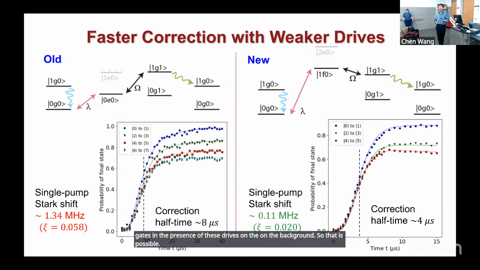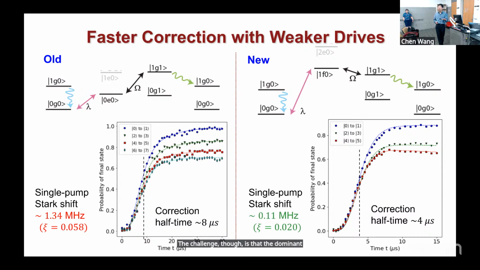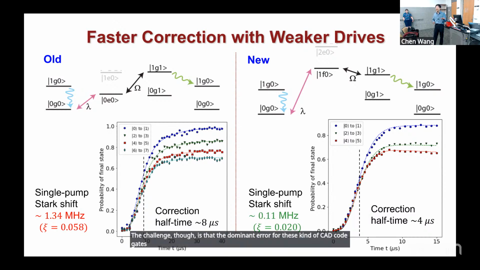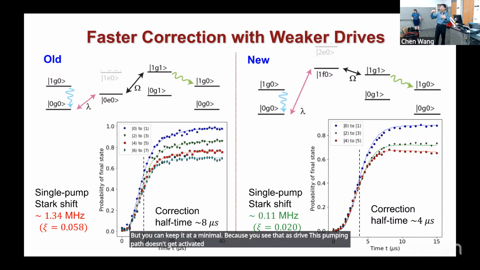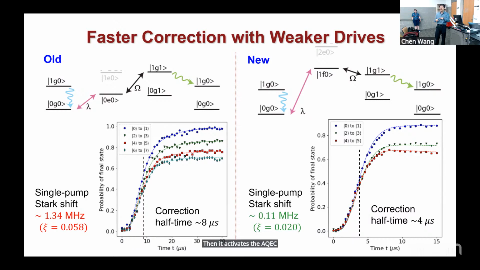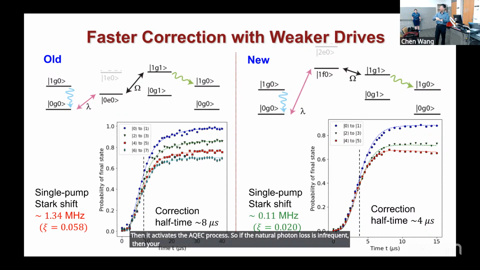The challenge, though, is that the dominant error for these cat code gates comes from the ancilla decay, because for error correction we do use the excited state of the ancilla. We transit through the excited state of the ancilla in order to do this correction. But you can keep it to a minimum, because this pumping path doesn't get activated until a photon loss has happened. Then it activates the AQEC process. So if the natural photon loss is infrequent, then your ancilla is also not too frequently excited.